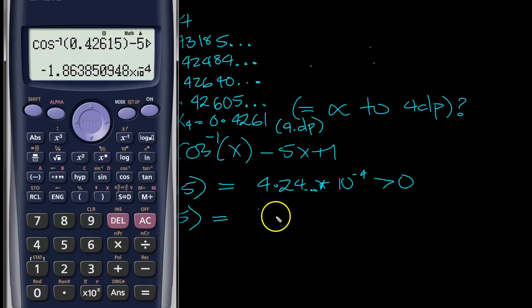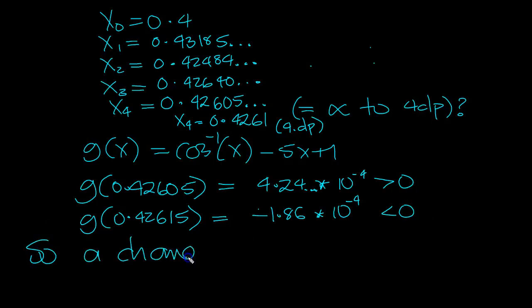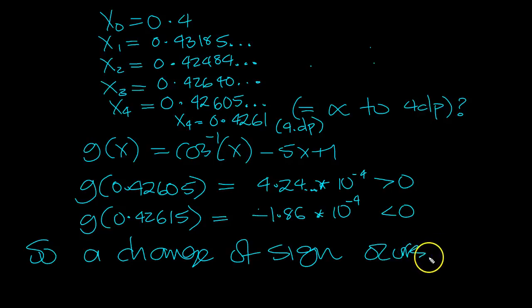And we get minus 1.86 times 10 to the minus 4, which is less than 0. So a change of sign occurs. So that implies alpha is equal to 0.4261 to 4 decimal places.